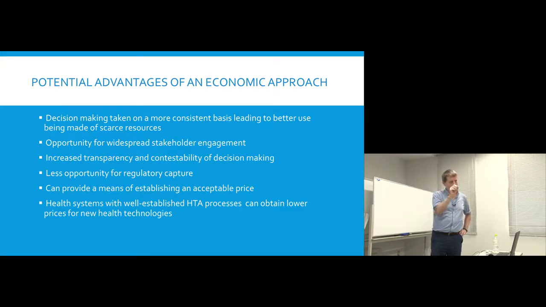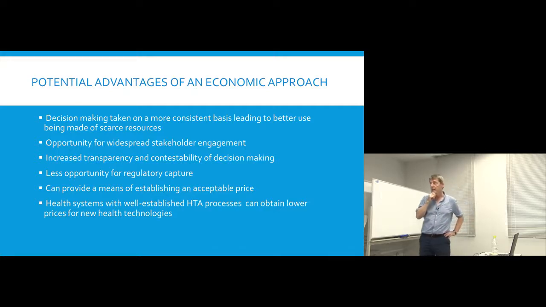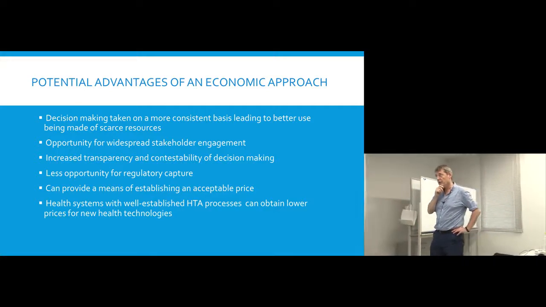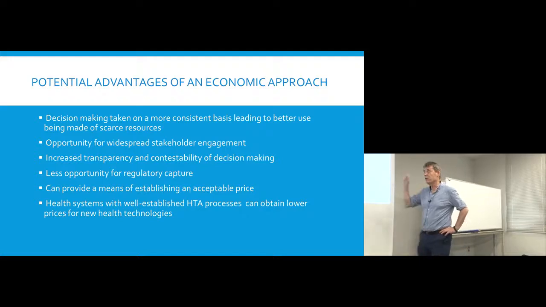There's some redactions because of commercial confidentiality, but in effect you can see exactly what evidence a committee has looked at when it made a decision. When you read the guidance, there's a whole section of guidance which explains why the committee made the decision it made. So the system is much more transparent and also it's contestable.